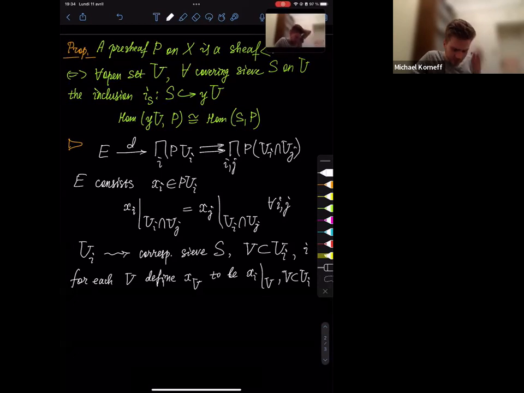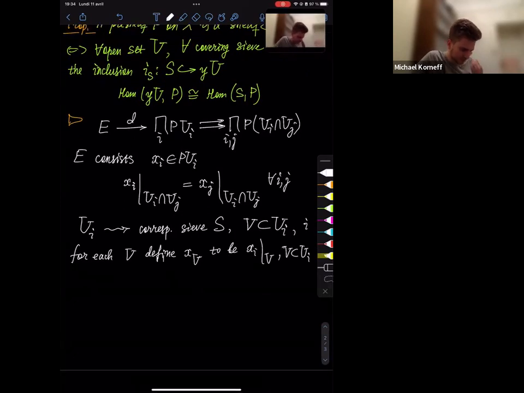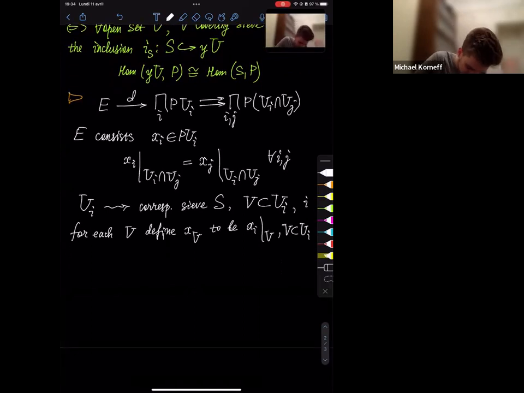And then the equalizer can be described as a set of those families of elements xV, and we have that xV restricted to V prime equals xV prime whenever V prime is a subset of V.